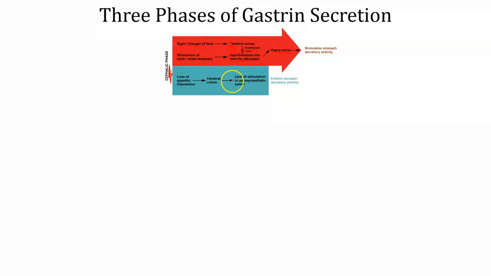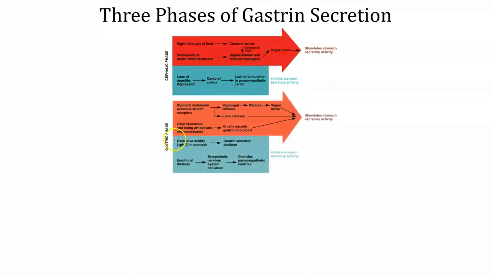On the flip side, to turn off gastrin secretion, if you had loss of appetite, secondary to depression or other conditions, then you would not be releasing as much gastrin. So just what's happening in your brain and in your thoughts can modify the level of gastrin secretion.